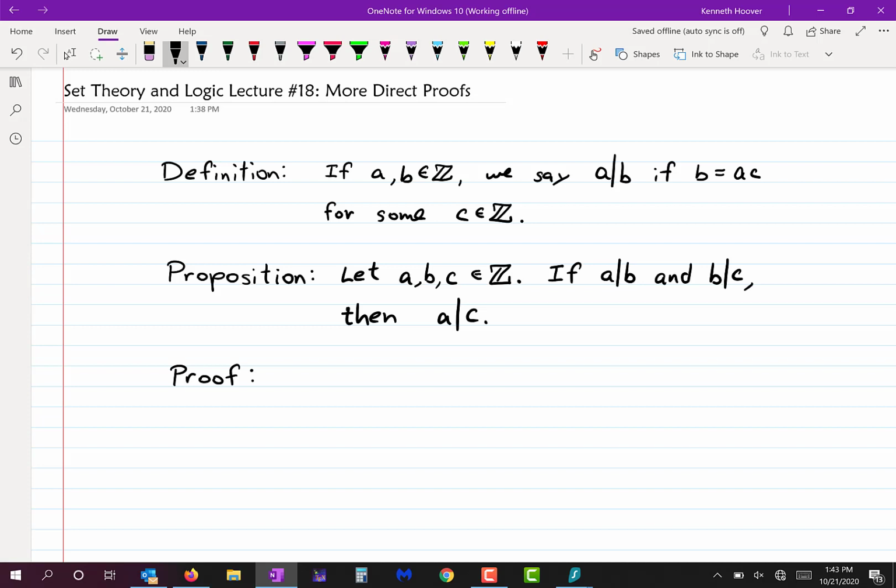Okay, so let's start out at the beginning. Let a, b, and c be integers, and suppose a divides b and b divides c. Now, just so that you know, that could have been two lines.